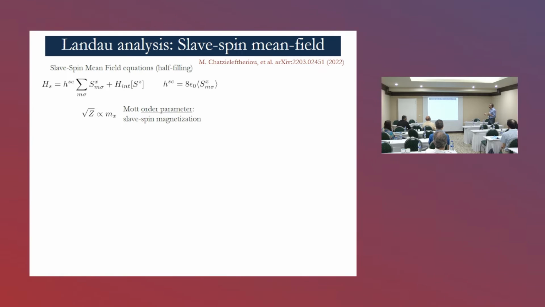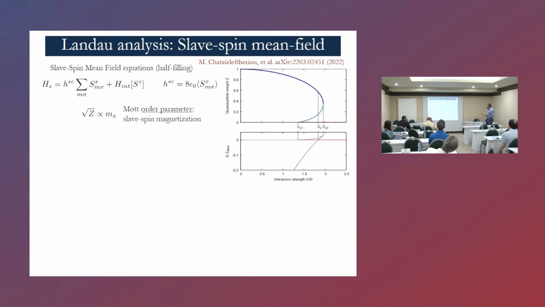And so the Mott order parameter, which in this effective system of spins on a lattice is the spontaneous slave spin magnetization, embodies the effect of the quasi-particle weight. So when it goes to zero, you go to the paramagnetic phase, and the quasi-particle weight goes to zero. So you can do a numerical analysis of these slave spin mean field equations, and of course, this reproduces very well the sigmoidal shape of the Z versus U curve.